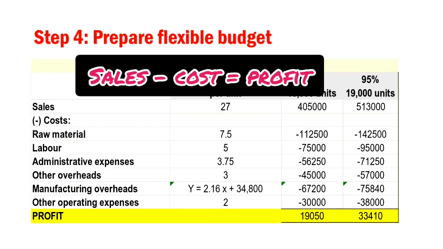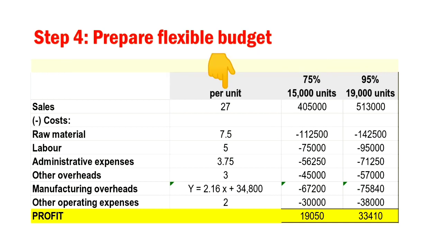In the per unit column, we will insert all the cost per unit and selling price per unit. 27 here is the budgeted selling price per unit, and for the rest we insert cost per unit, except for manufacturing overhead, which is mixed cost, where we have to insert the equation that we formed.